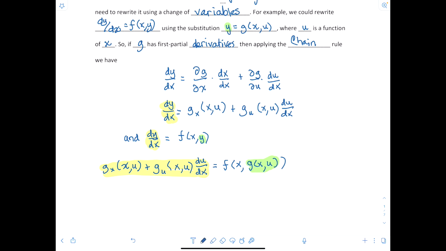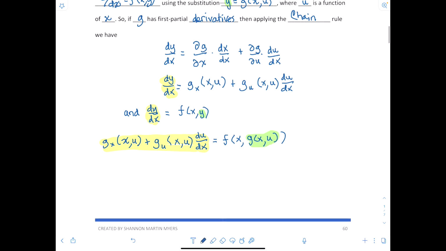Groovy? Okay, so now isolating du/dx, let's see what we get. All right, so the first partial of g with respect to u at x and u times du/dx, and I think I might have said dy/dx, we're isolating du/dx, would equal f of x and g of x and u minus the first partial of g with respect to x at x and u.